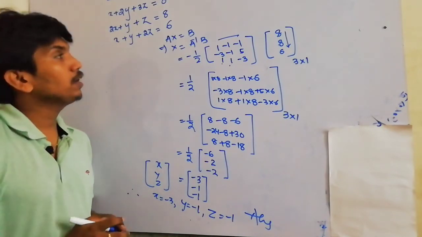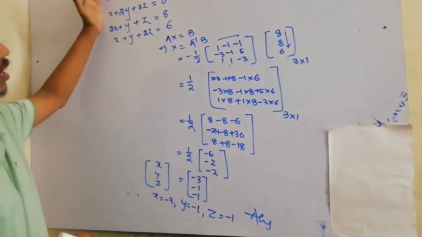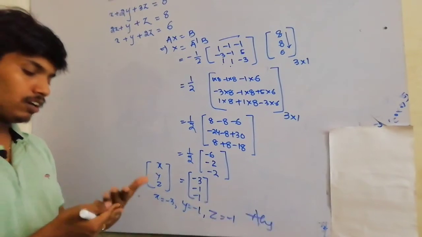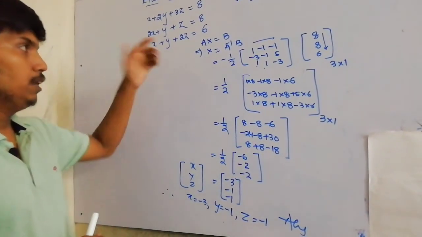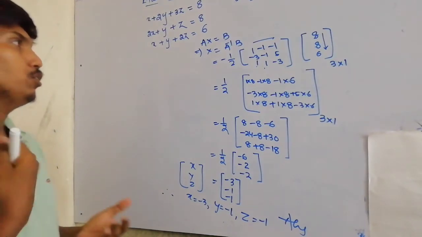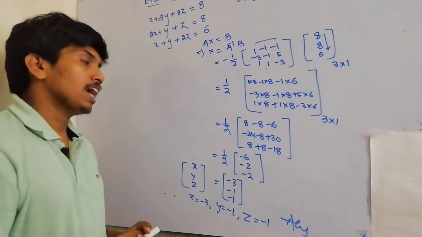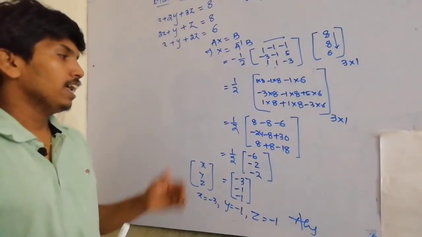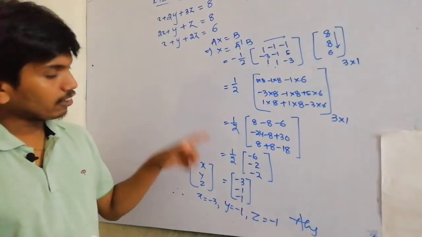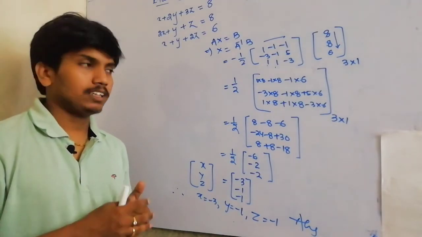So this is all about the matrix method. For the matrix method you have to know how to find the inverse of the matrix, the cofactor matrix, the determinant of the matrix, and lastly how to multiply two matrices.